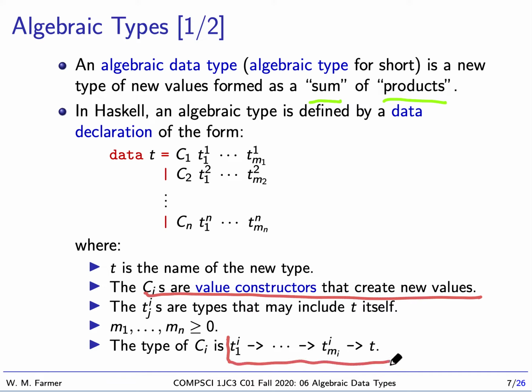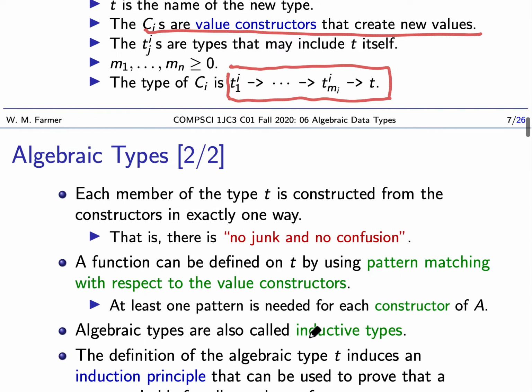It's going to be a function, and the function takes these arguments and gives back the type T. Now, it's the type of a function, but it's a very special kind of function, because we don't think of it as doing a computation and computing a value. We think of it as constructing a value. Okay, so let's move on.